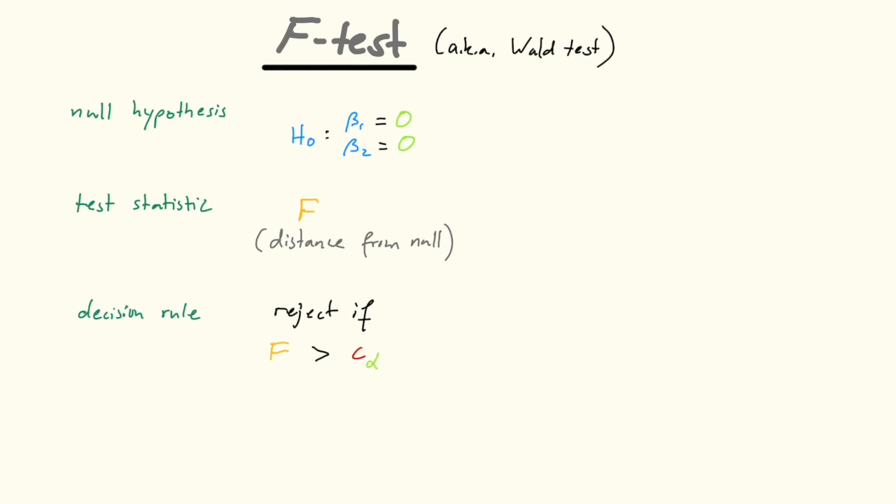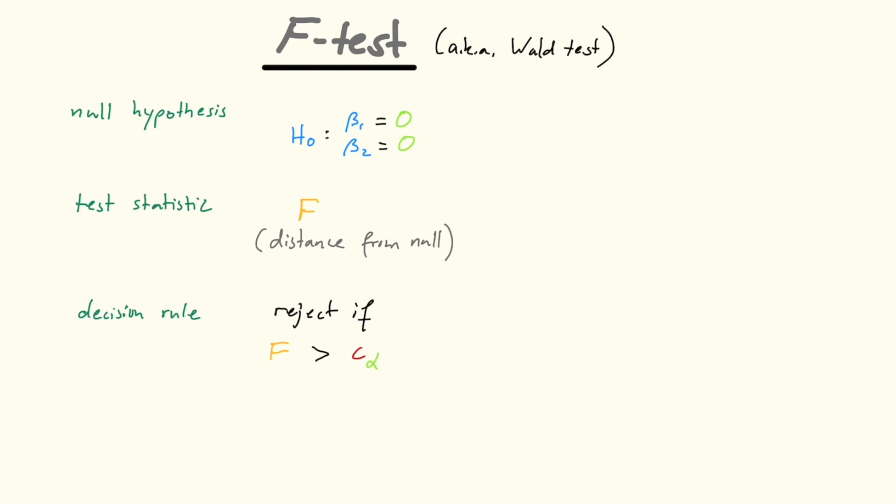We can apply the same reasoning as for the t-test. In general, we like small C alphas because they mean that the test will reject often and will therefore be a powerful test. On the other hand, we don't want C alpha to be too small so that we reject too often, in the sense that we don't control the probability of type 1 error. That is, C alpha should be such that the size of the test is guaranteed to be alpha.